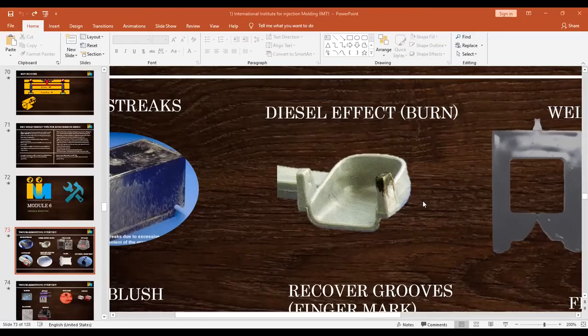Everybody knows that before the melt flows inside the cavity, there is only air, nothing else. During injection, the hot melt, around 250 or 300 degrees, hot molten plastic raw material, is pushed into the cavity with higher speed and higher pressure. The air inside the cavity gets pushed into a corner, and due to that compression the air gets superheated.